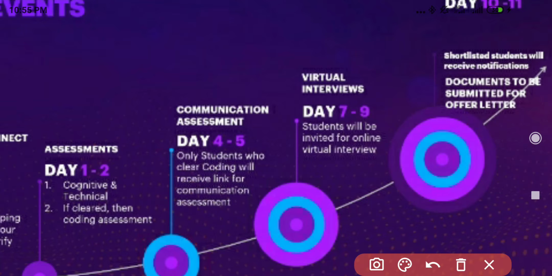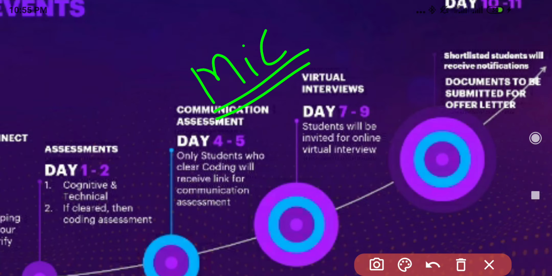While giving this communication assessment, make sure that the environment where you are sitting is very, very quiet, and try to give it at night itself around 12 o'clock or 1 o'clock, because most of the guys face problems while giving this one, because the background noise will be caught by the microphone, and it is mandatory to use a microphone for this one, a good quality mic which has noise cancellation capacity.